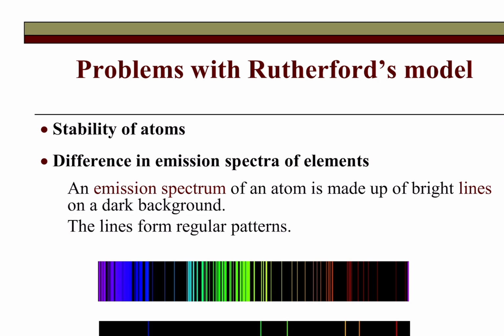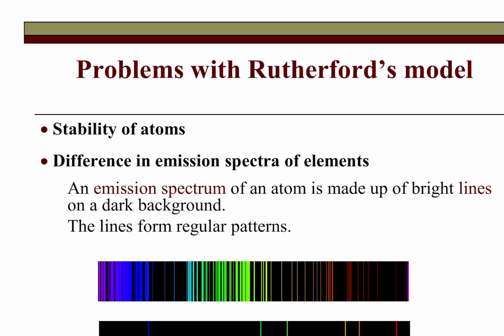The first problem is the stability of atoms, because we don't have the same stability for every atom, and also the difference in the emission spectrum of elements. Two different elements have two different emission spectra, and we cannot explain this with Rutherford's model.